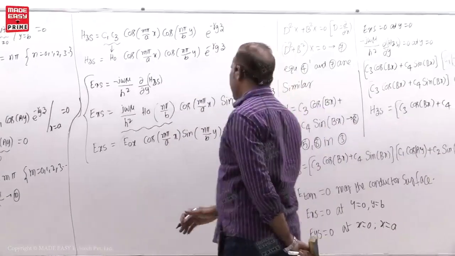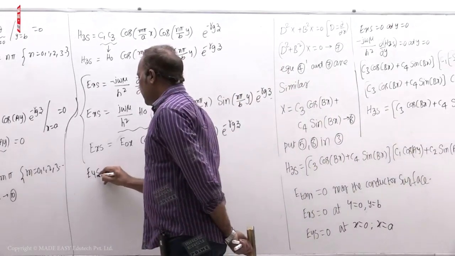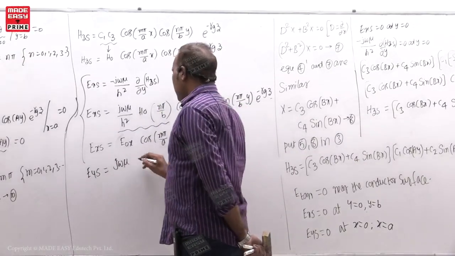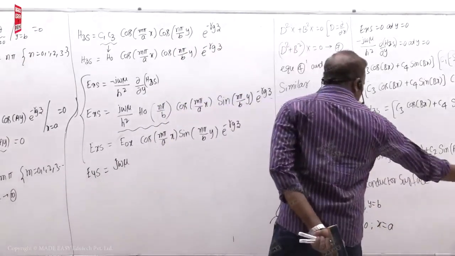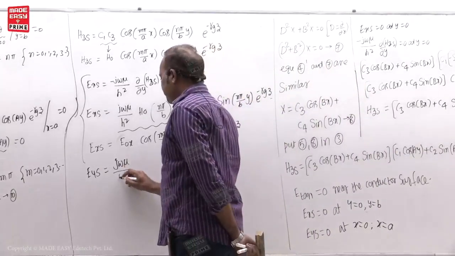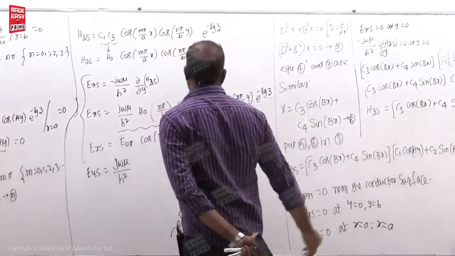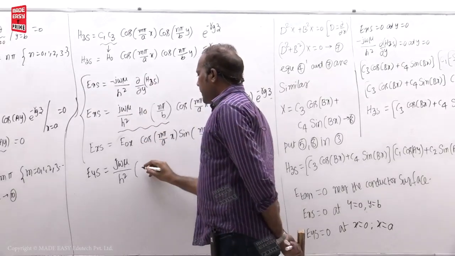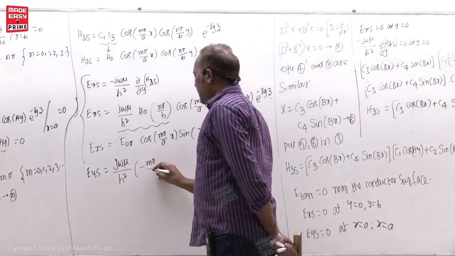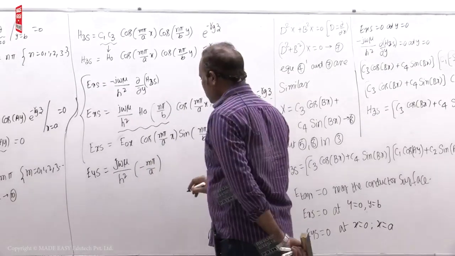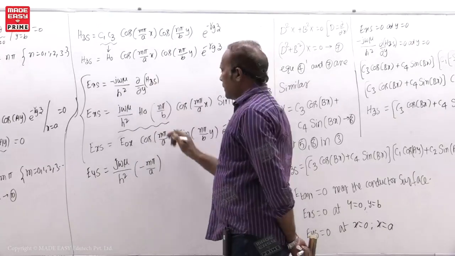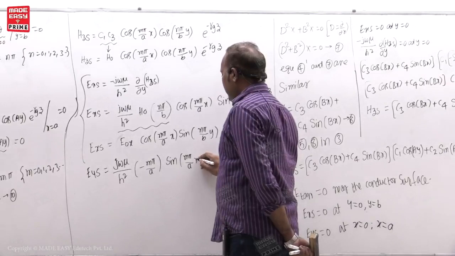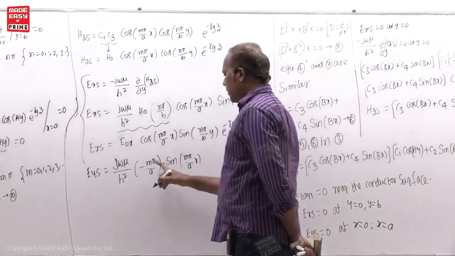Similarly, Eys you take. Eys is equal to, directly I will write, student, j omega mu divided by h square, then dou h dash divided by dou x, you have to partially differentiate with x, then you will get minus of m pi by a, because this is minus sin m pi by a into x into m pi by a, so minus m pi by a.